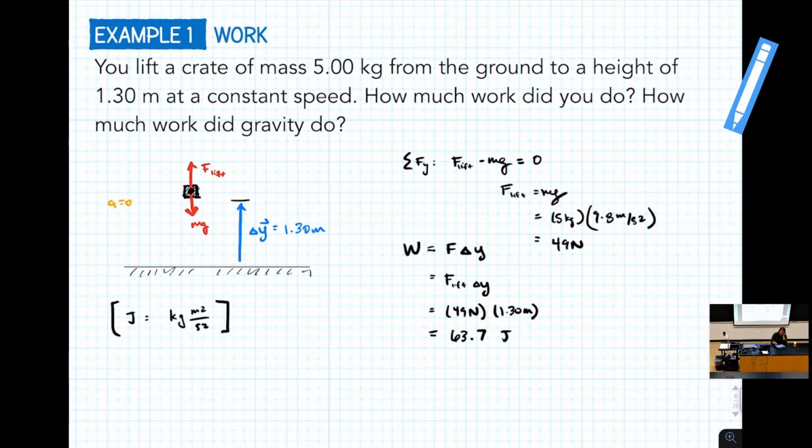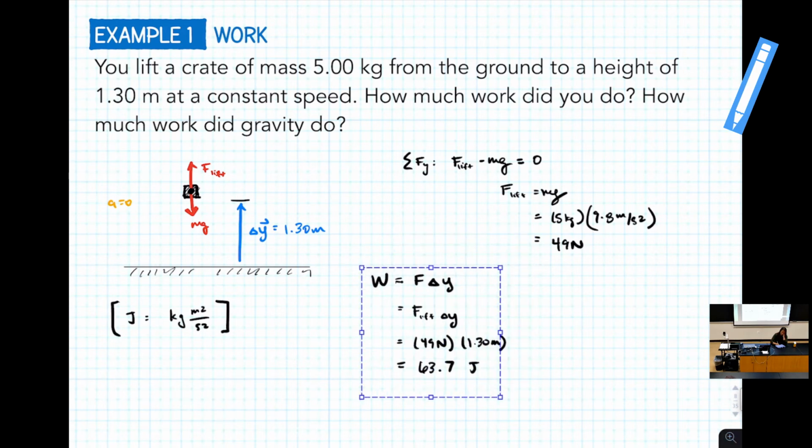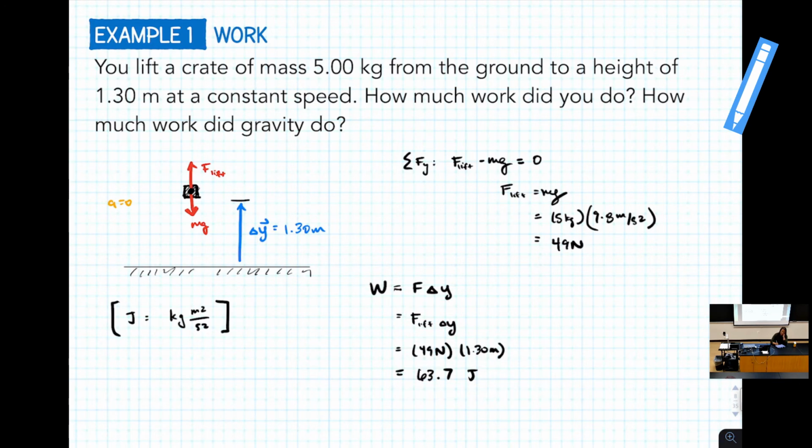Then we want to figure out the work done by gravity. Is it going to be any different from the work done by the lift? Well, what'll be the main difference? The sign, right? So the work of gravity, like the work of the lift, is going to be mg times delta y.